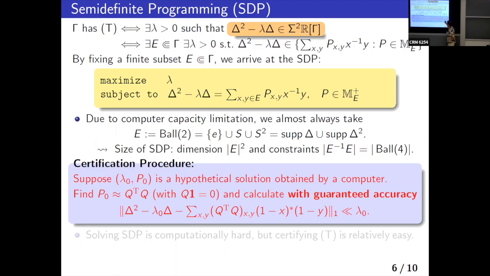Anyway, it's supposed to be rigorous, with guaranteed accuracy. If you prove this inequality, we are done. That's it: it has property T, certified with an estimate of the Kazhdan constant.